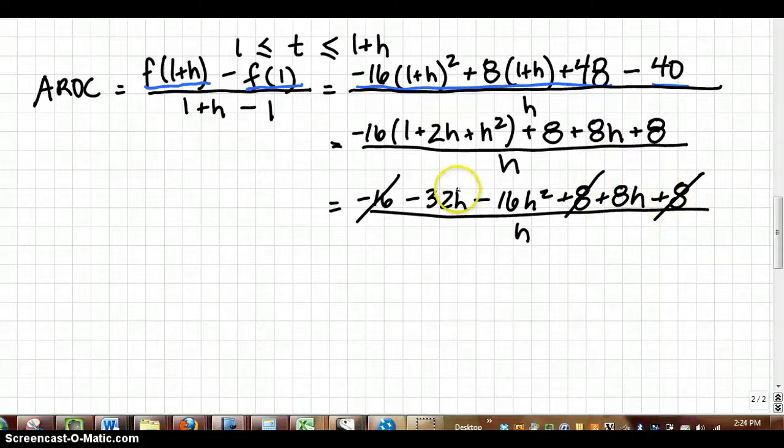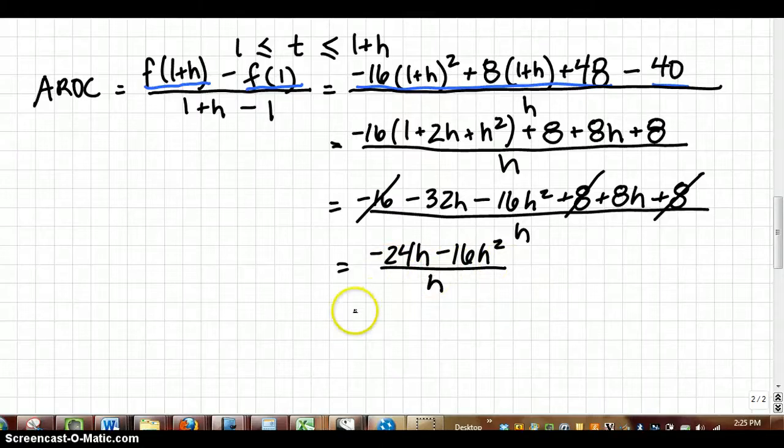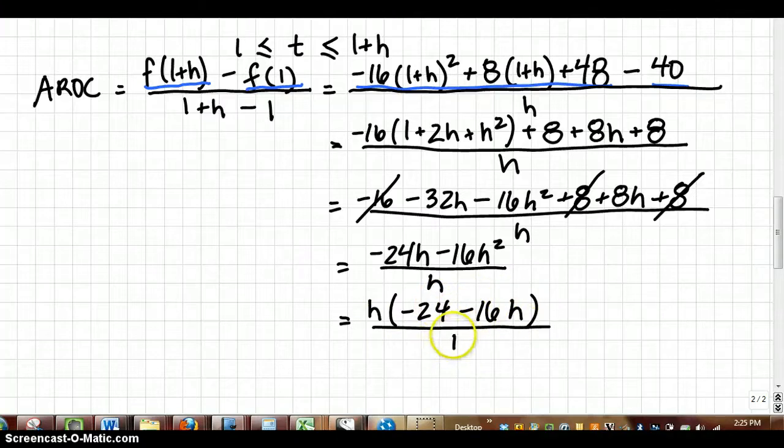And I can combine the negative 32h with the 8h. So I've got negative 24h now minus 16h squared all over h. And notice I can do more cancellation, at least provided that h doesn't equal 0. We can factor an h out of the top, which would allow me to cancel the h on the top and bottom, provided at least that h isn't equal to 0.